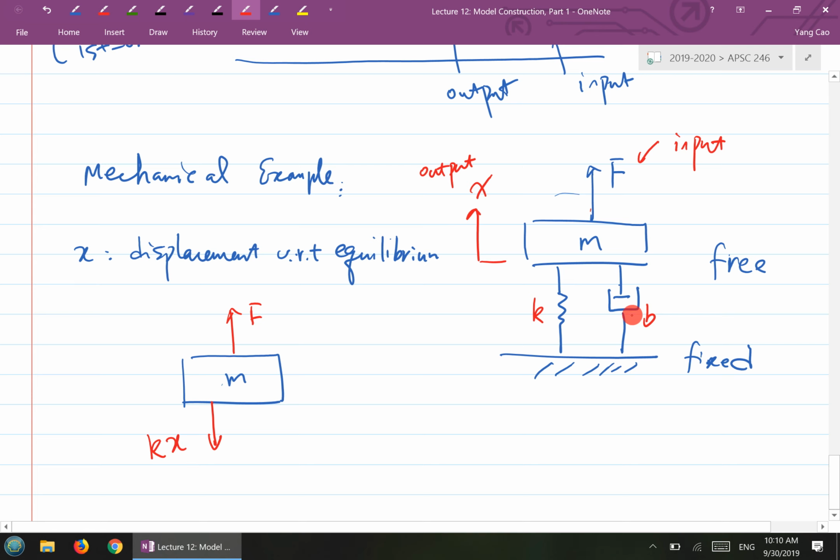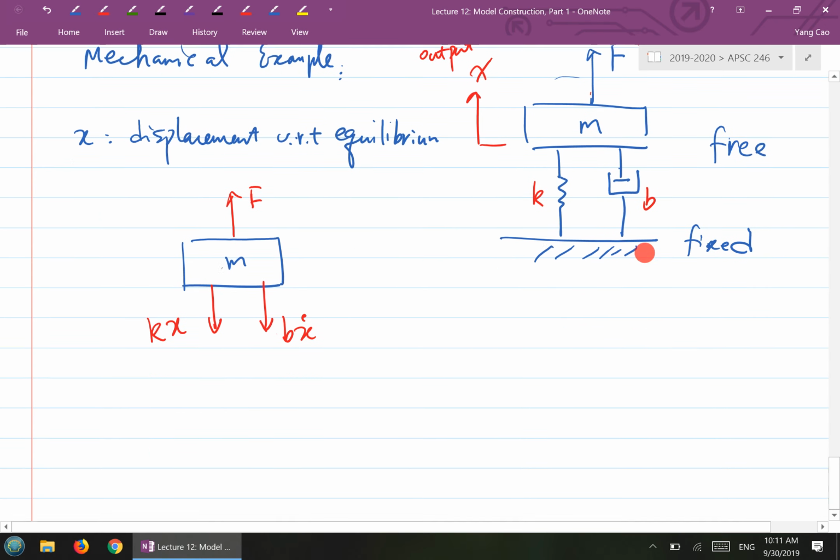The damper will also provide a restoring force, and it is in the opposite direction of the velocity. So you draw it downwards, and this time it's B times x dot. So those are all the external forces, sketched in the free body diagram.